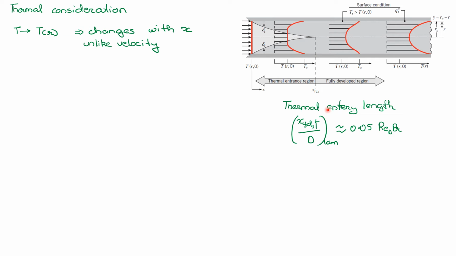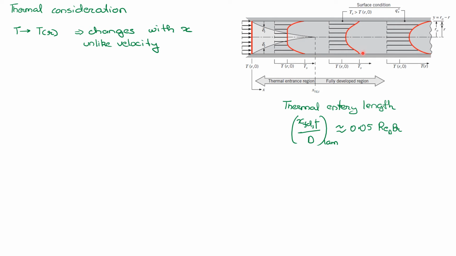So in the previous scenario we had an H which stood for hydrodynamic, but we have a T here. Now in this case, because we have a temperature difference and there's heat being transferred continuously along the x direction, our temperature profile is not constant as we move in the positive x direction.